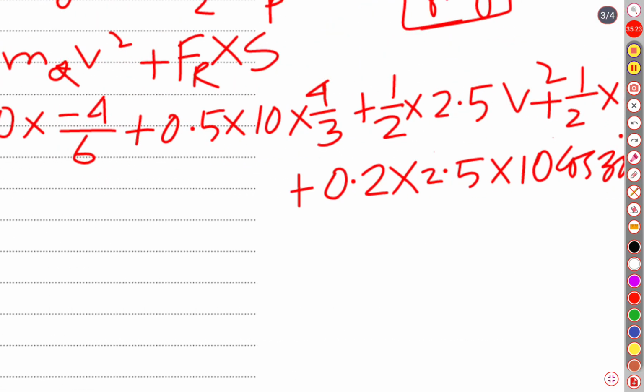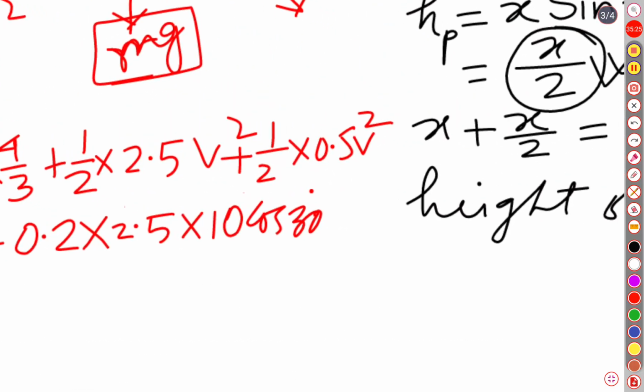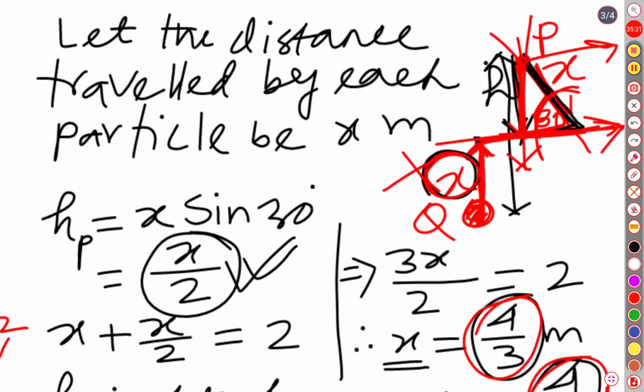Now another question, look at this. As we are talking about the resistance force, what about the resistance force of P? For P, tension is also acting as resistance force. Why are we not calculating the tension force?